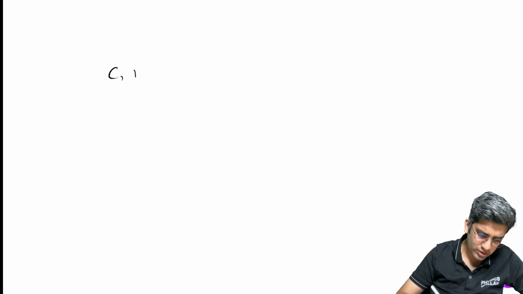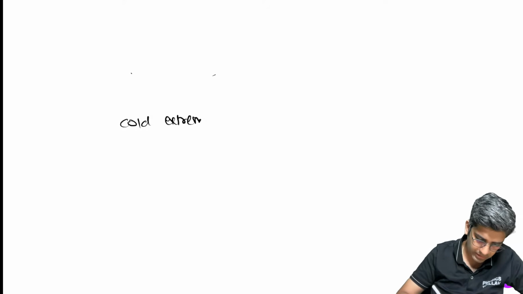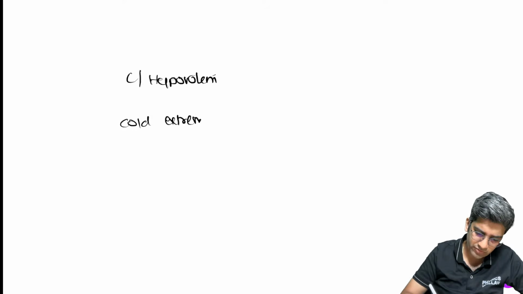Just one thing in shock. Cardiogenic, neurogenic, anaphylactic, most of the shocks will have cold extremities, mostly the cardiogenic ones, right? Cardiogenic versus hypovolemic. Hypovolemic is one of the commonest ones and will have cold extremities.